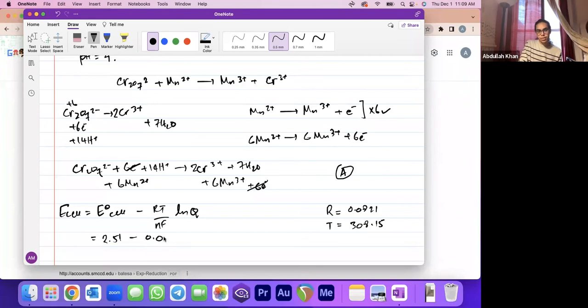So 0.0821 times 308.15 divided by n, the common number of electrons. Look at what we canceled here. What was the common number of electrons on both sides? When we matched the electrons, it was 6. So n here is 6. F is a constant called Faraday's constant, 96,500 approximately.